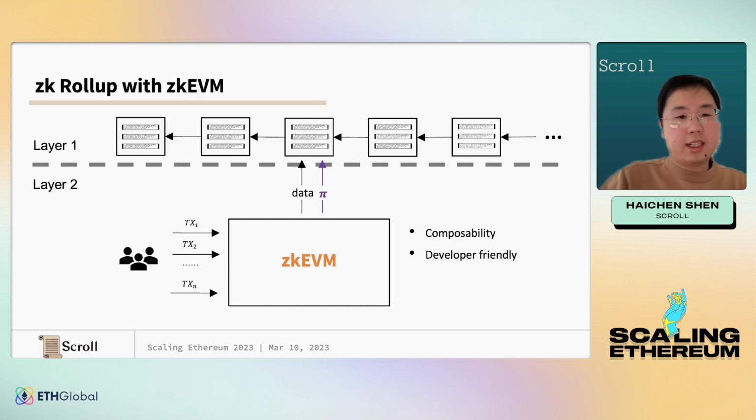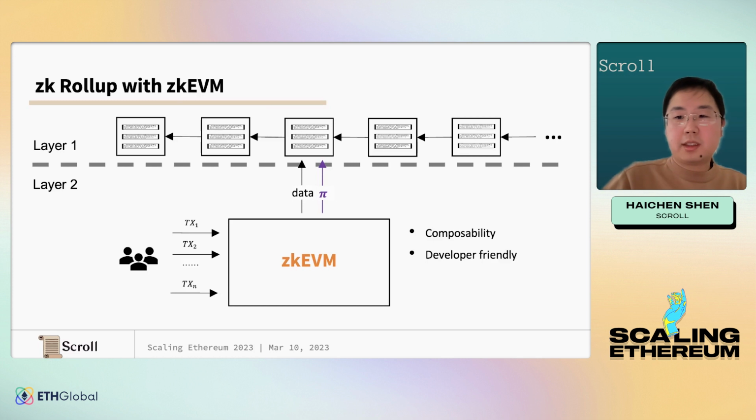The type we are building is called zkEVM. What we do is put the Ethereum virtual machine into a zk circuit, so that any dApps written in Solidity and built on top of Ethereum can be run directly on layer 2, using the zkEVM to generate the zk proof for any application deployed on layer 2.